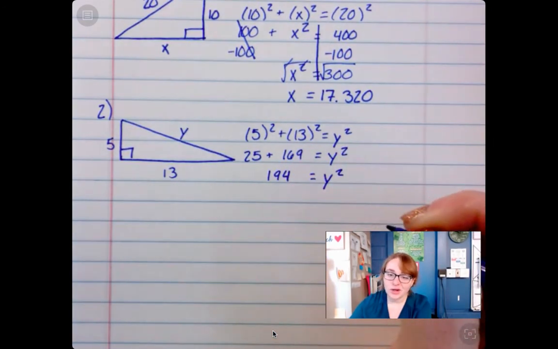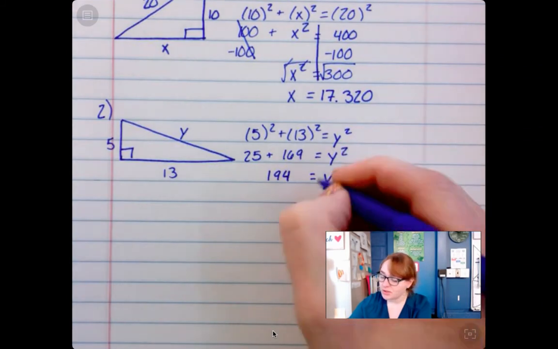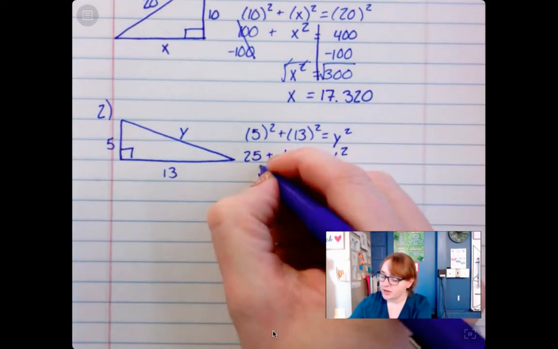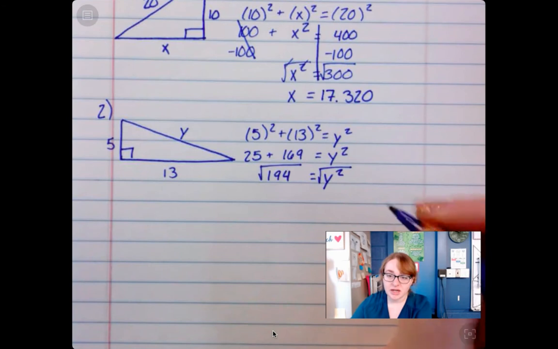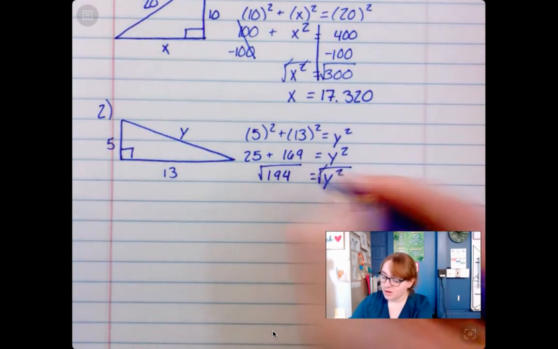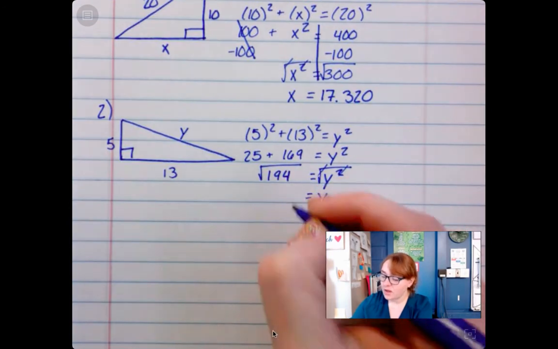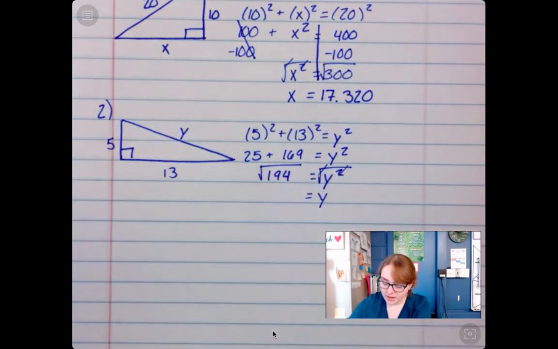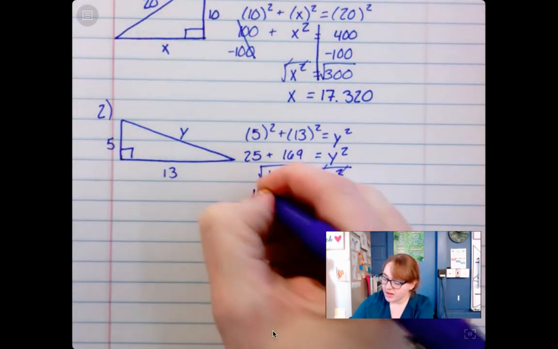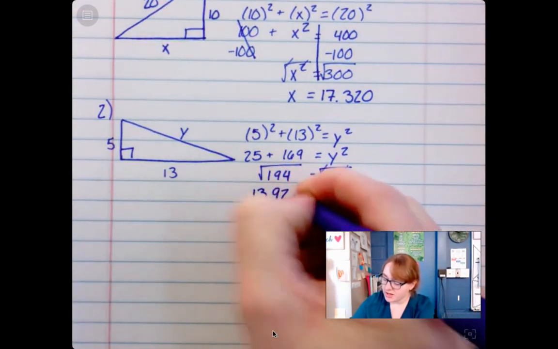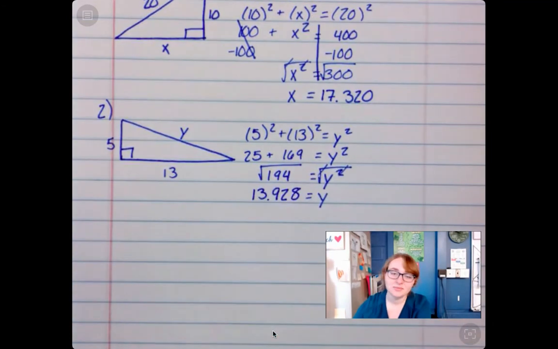But again, I don't want to know what y squared is equal to. I want to know what y is equal to. So we are going to square root once on each side of the equal sign. The square root and the square are going to cancel, leaving us with just that y. And then the square root of 194, we're going to get a decimal approximation for, and it gives us 13.928.